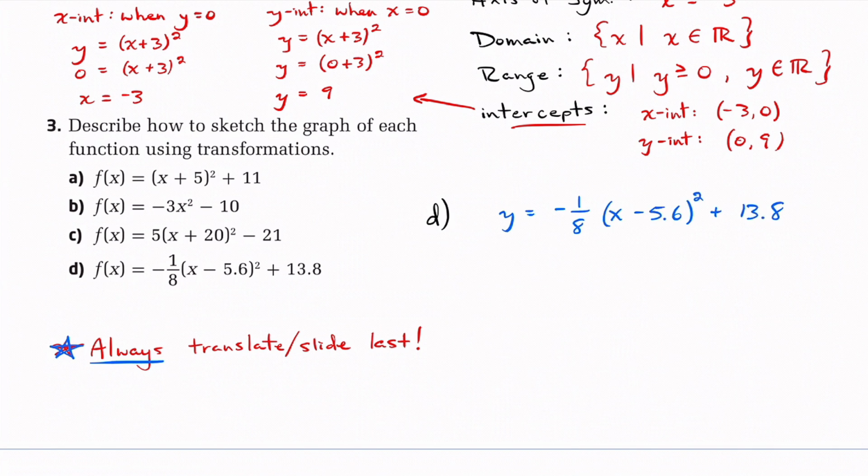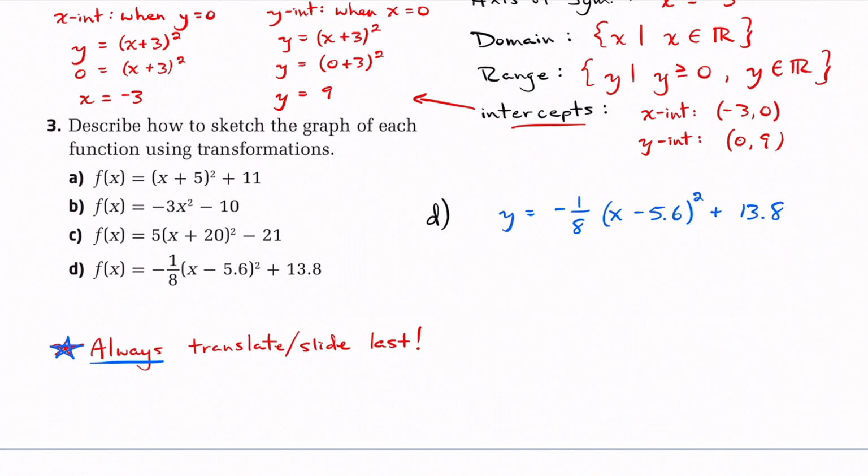Okay, so looking at D, this is the A value. That's going to tell me the vertical stretch. And if it's negative, it's going to flip it. This is the P value. That is my horizontal translation. And then this is the Q value. That is the vertical translation. So always do the slides last.